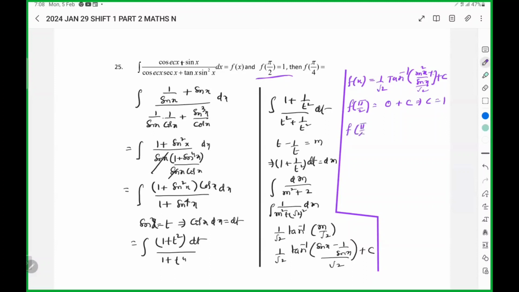So f of pi by 4 will be tan inverse of (sin square 45, half, minus 1) by (sin 45, 1 by root 2). Again another root 2 is there, plus 1. This gets cancelled. Tan inverse of 1 minus 1 will be minus pi by 4, plus 1. So f of pi by 4 is 1 minus pi by 4.